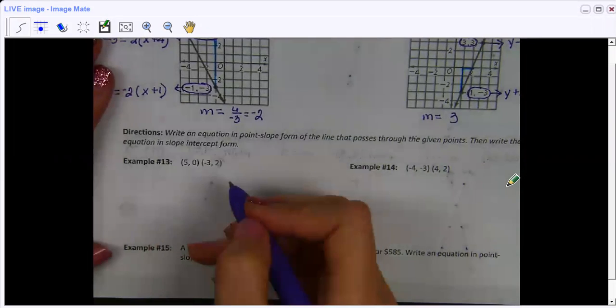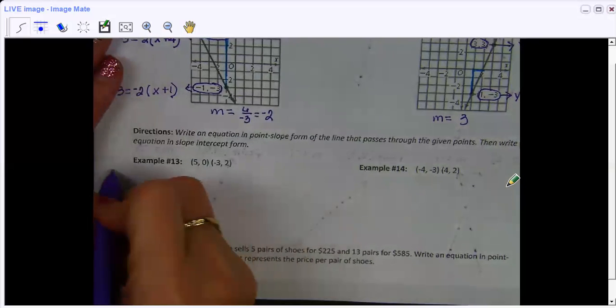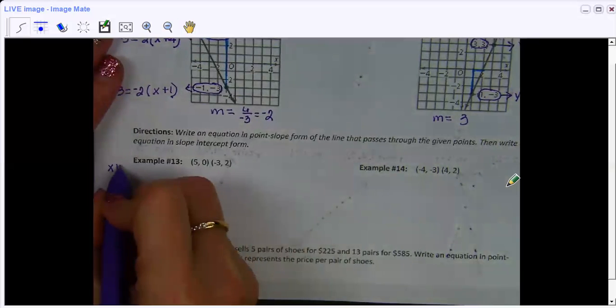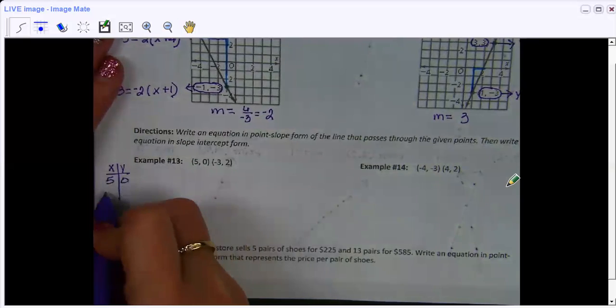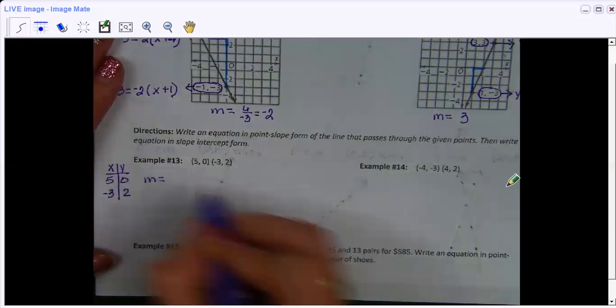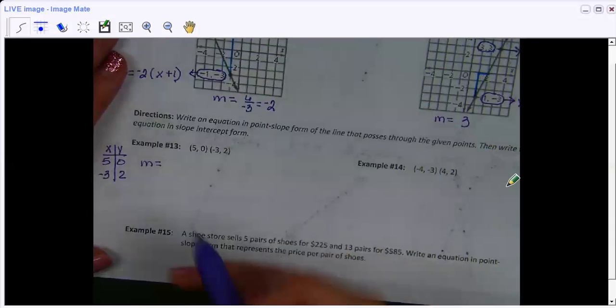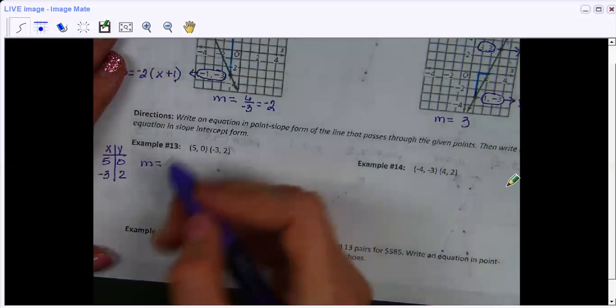And for some of you, I know that you like to create a table. So for this first one, I'm going to create a table, plug in my ordered pairs, and then write out my formula. If you don't need to do the table, you don't have to.